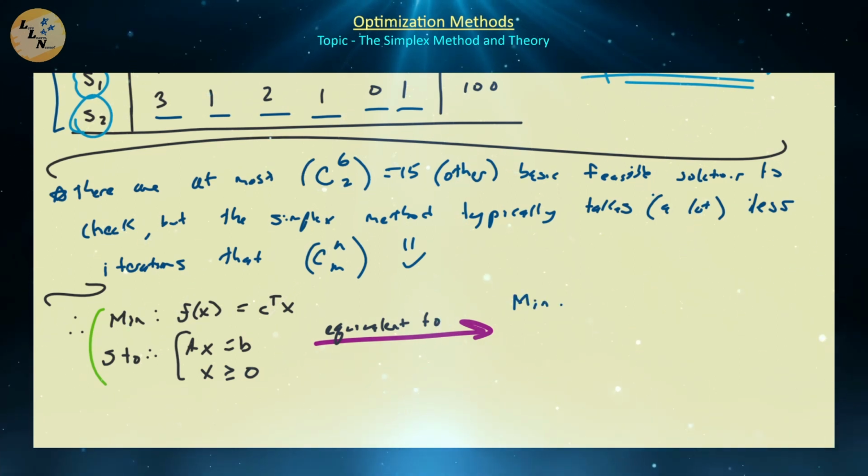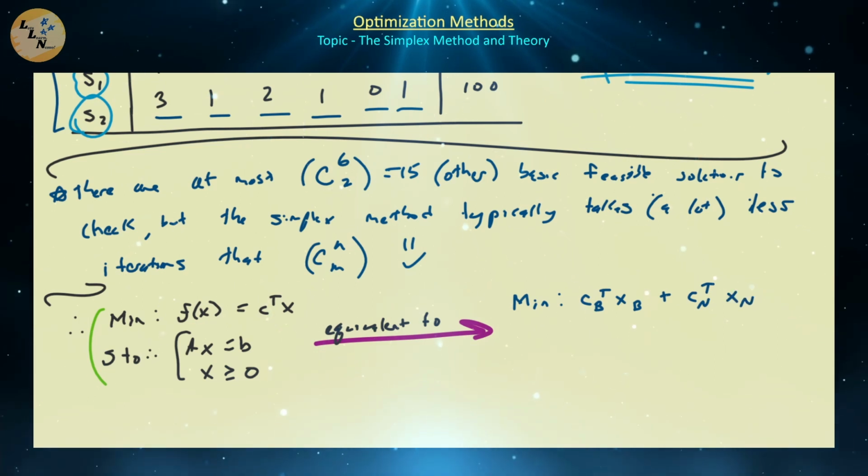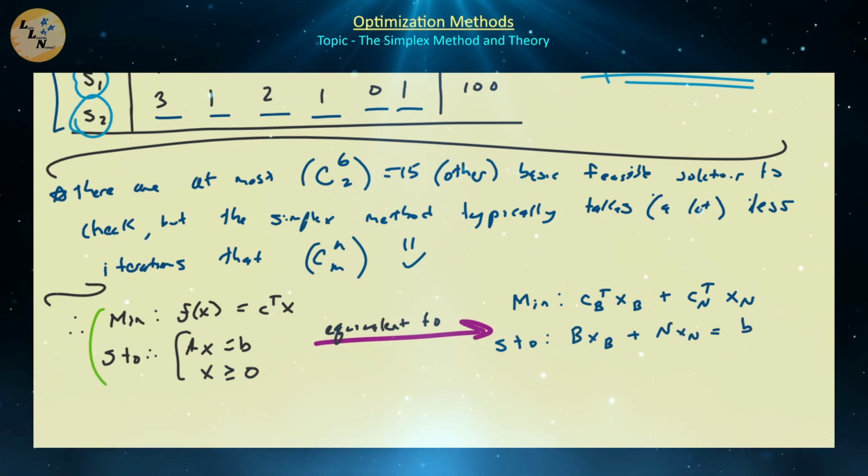So again, we're going to be interested in minimizing. So x is going to be partitioned into x_B and x_N. So we can write this, for example, as c_B transpose times x_B plus c_N transpose times x_N, subject to the following constraints, that B x_B plus N x_N is equal to b, with the restrictions that x_B is greater than or equal to 0 and x_N is greater than or equal to 0.